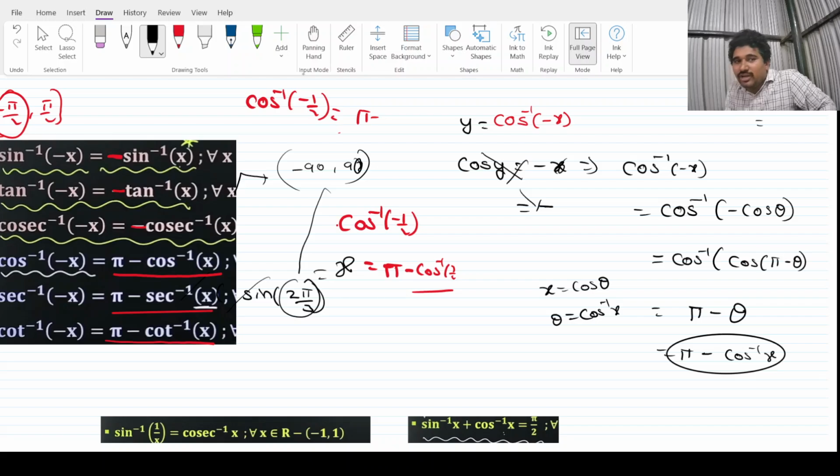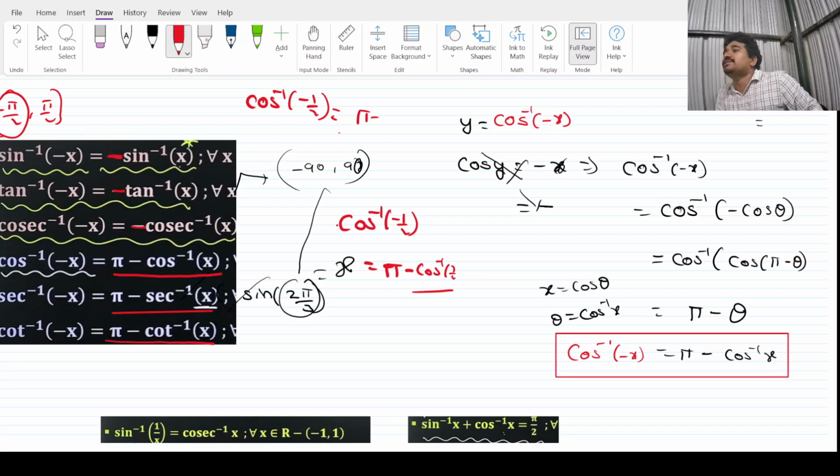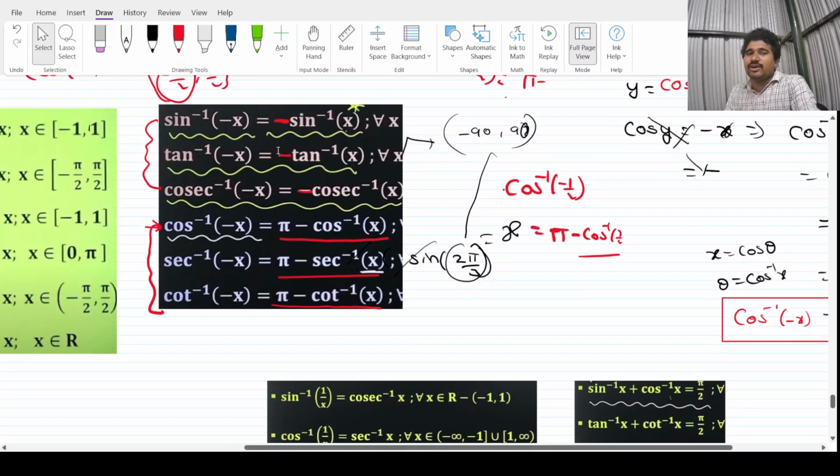So what we got: cos inverse of minus x is equal to pi minus cos inverse x. Clear for everybody? Like that we can prove everything, but you have to remember this, so that it instantly comes to mind.